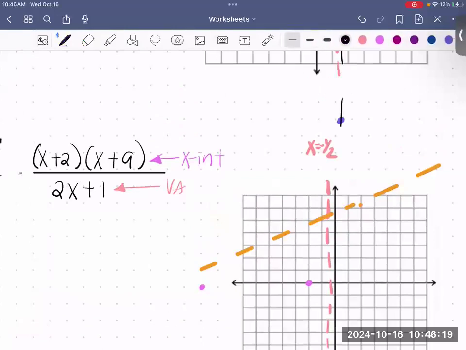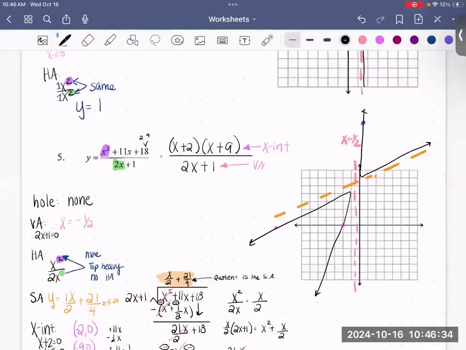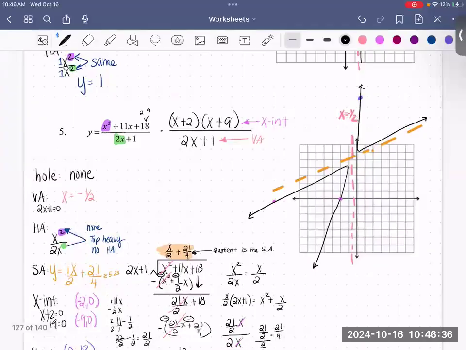So this one, we're going to slant way up like that. And then again, we're going to pull up and over. So we should have a wonky looking graph such as this one. Again, if you need a better picture of it, all you have to do is start plugging in some points to get a better idea of where your graph is going.